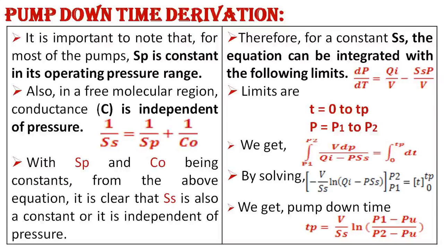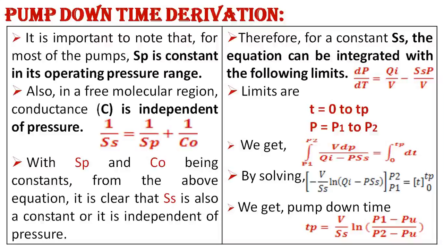Therefore, for a constant S, the equation can be integrated with the following limits, expressed as dP upon dt is equal to Qi upon V minus S into P upon V. The limits are t is equal to 0 to t, and P is equal to P1 to P2.